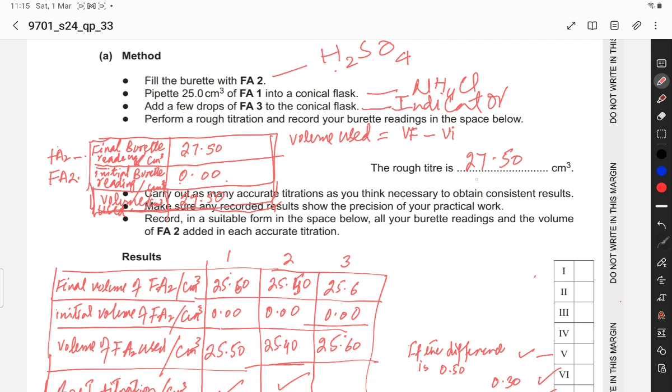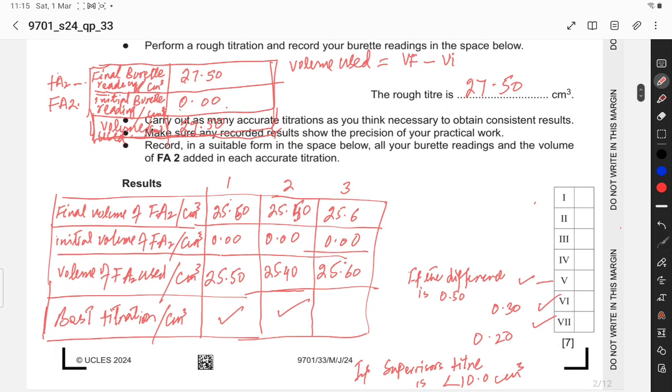So we get the volume used, that is 27.50 cm³.